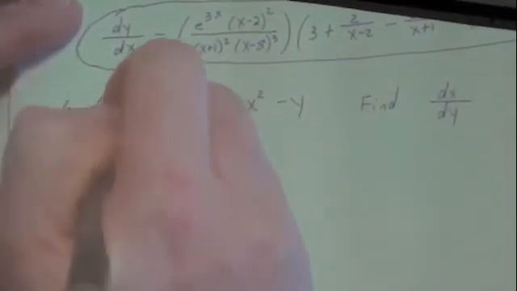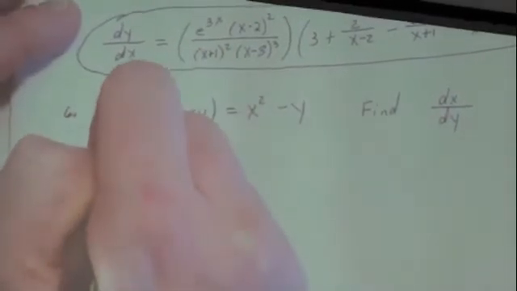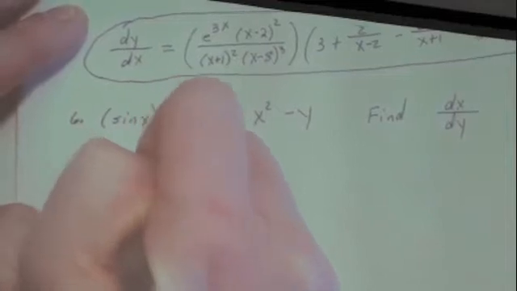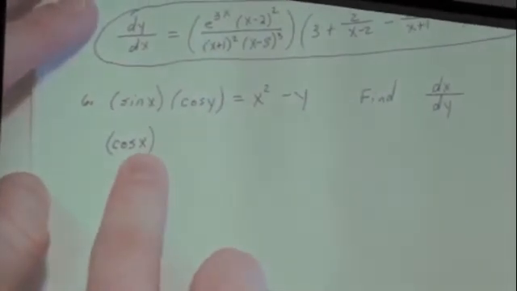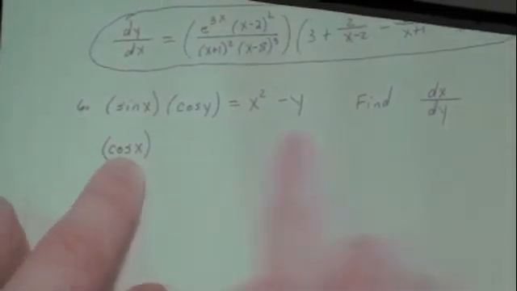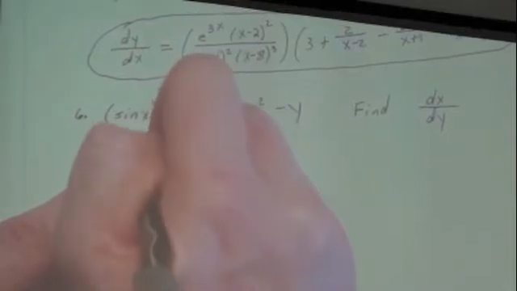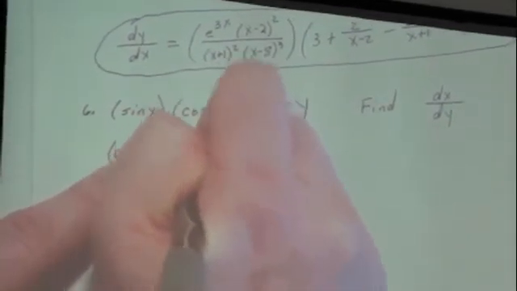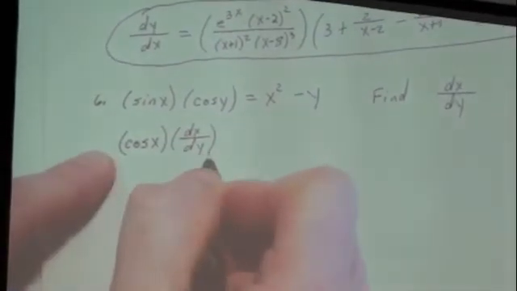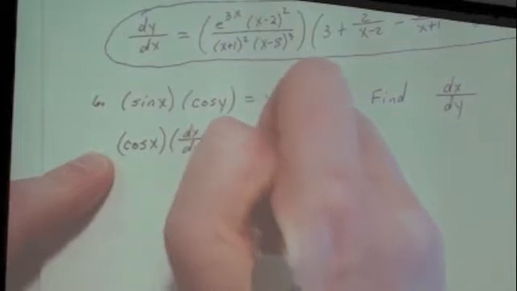Well, that's going to be the derivative of the sine function is the cosine function. Keep the angle times the derivative of the angle. You say, well, the derivative of the angle. I'm trying to find dx dy, so the derivative with respect to y, dx dy. So that's the derivative of the first times the second, cosine of y.